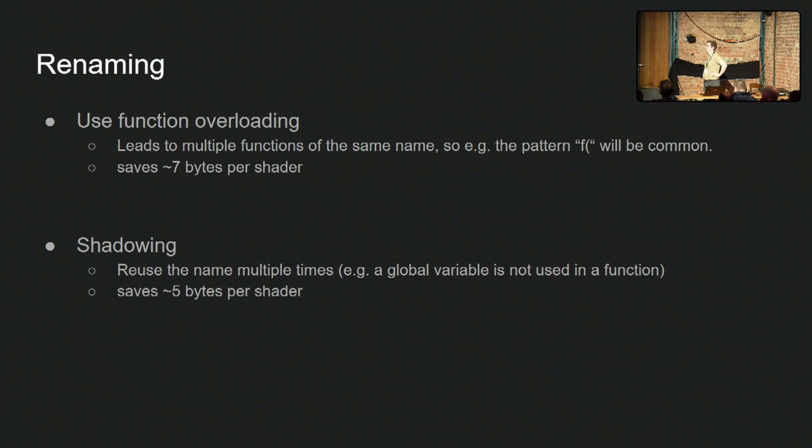And we have shadowing, where you can reuse the same name multiple times. If you have a global variable and then a local variable, they can have the same name if you don't need the global variable in that function. And again, that was saving some bytes.